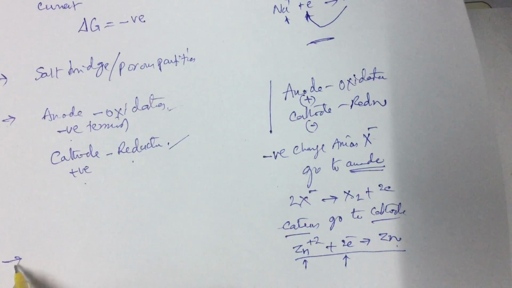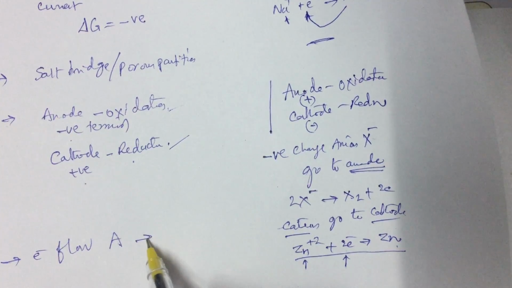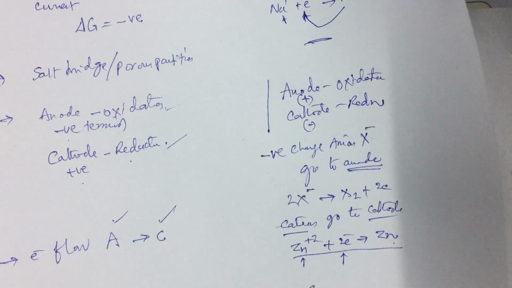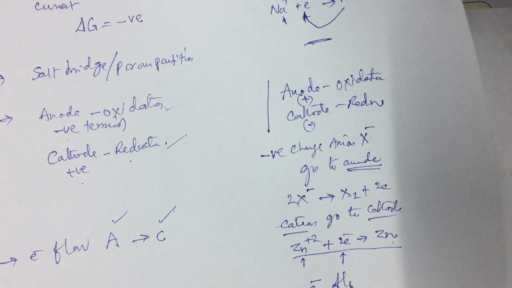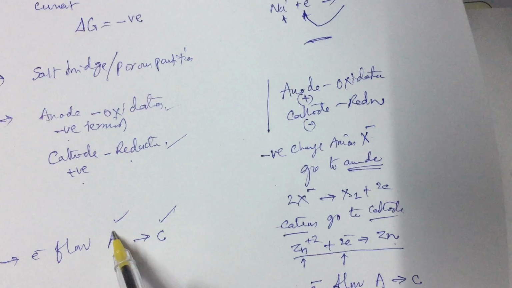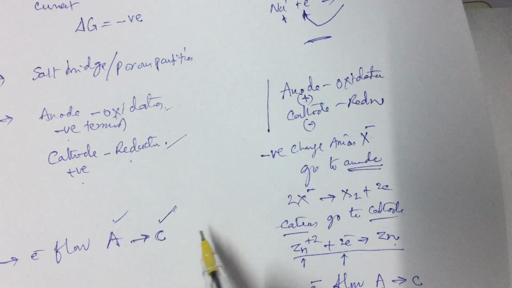Notice always electrons flow from anode to cathode. Even in an electrolytic cell, electrons flow from anode to cathode in the external circuit. Always this is the flow direction of electrons.